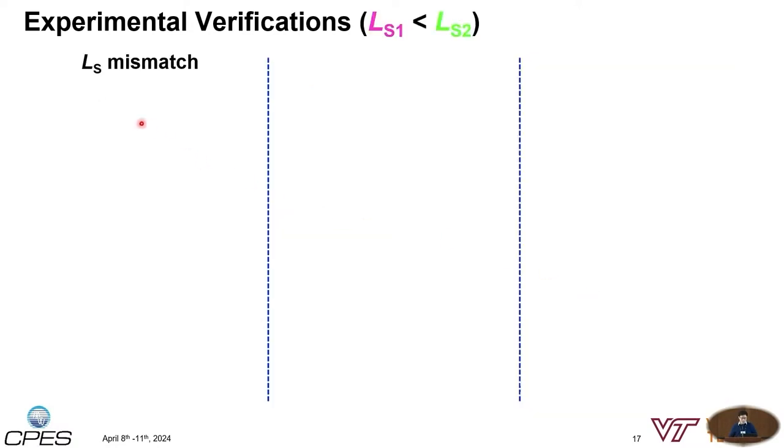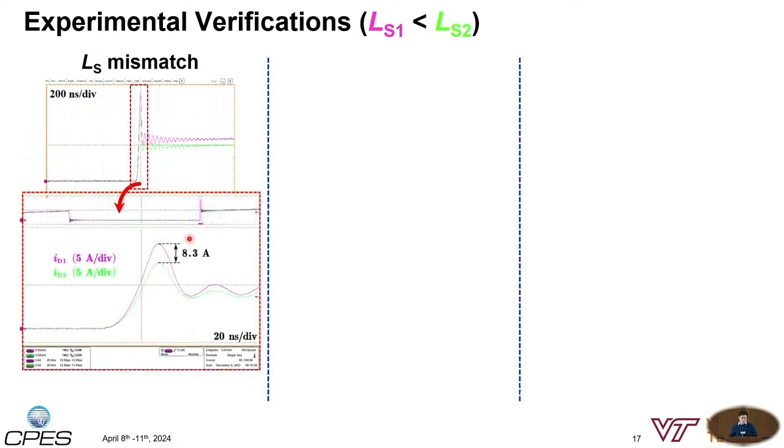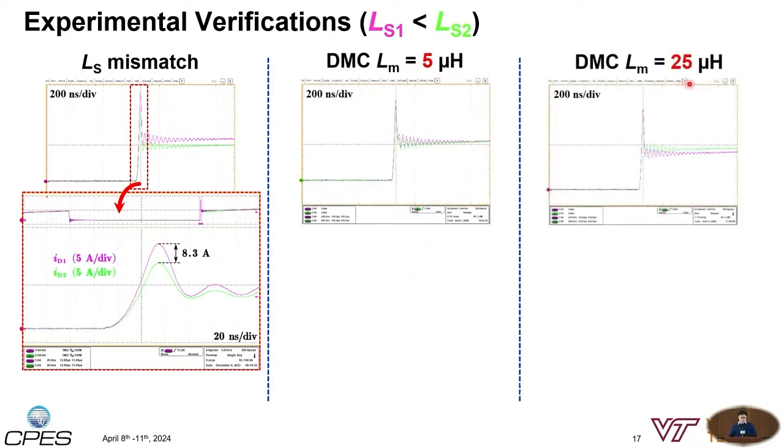But if we introduce the source mismatch into the circuit, the left-hand side shows the original waveform, and we can zoom in on the turn-on junction. You can see the original current imbalance is around 8.3 amperes. When a DMC of around 5 microhenry is inserted into the gate driving loop, the waveform is shown in the middle, and the 25 microhenry case is shown on the right-hand side.